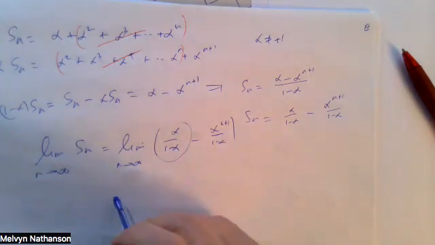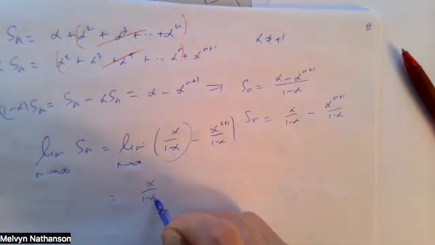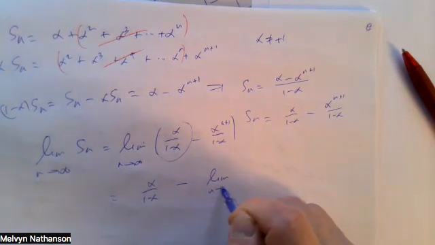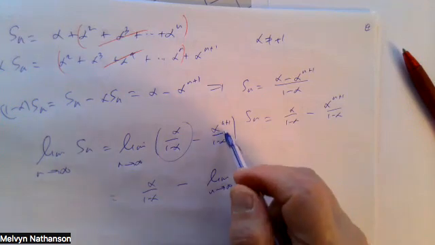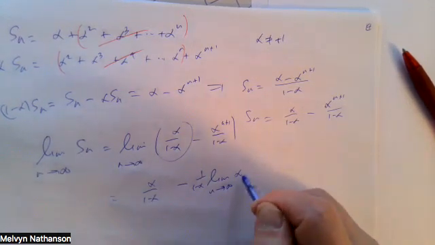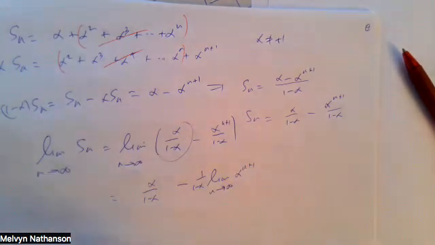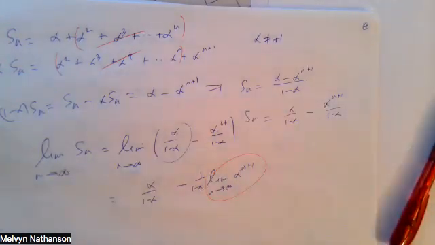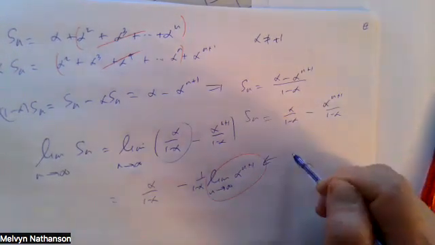That doesn't change. So this is alpha over 1 minus alpha minus the limit as n goes to infinity. This is 1 over 1 minus alpha. I could factor that out if I want. Alpha to the n plus 1. So I have to look at this. What is this limit?